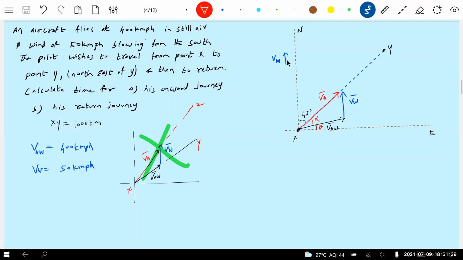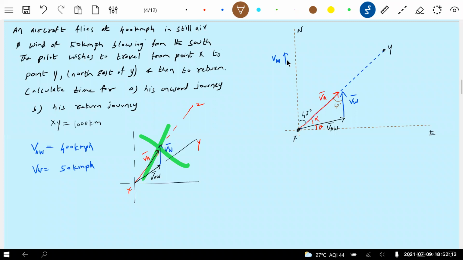Can we say anything about this angle? 45 degrees. Now we know VW, VAW. We know one of the angles. Somehow we should get VA. Now what is our question?